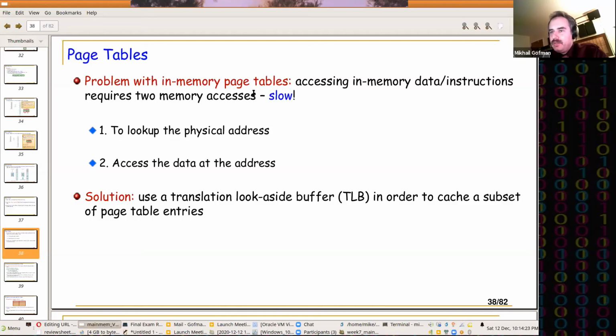So as a result, whenever a process wants to access something, first we need to consult the page table in memory to figure out to what physical address the virtual address maps to, and then access the actual physical address. So each memory lookup ends up becoming 2 memory lookups, and as a result, everything runs twice as slow. So how do we get around this? This is where the TLBs come in, okay?